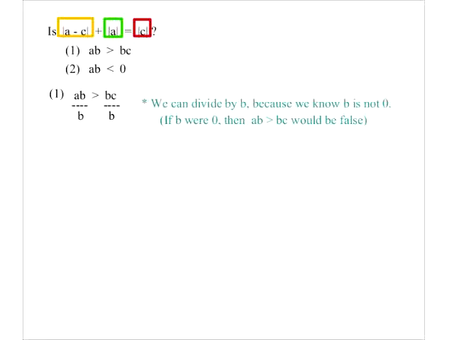So what this means is there's two cases. It means either B is greater than 0. If B is greater than 0, then the inequality wouldn't flip.